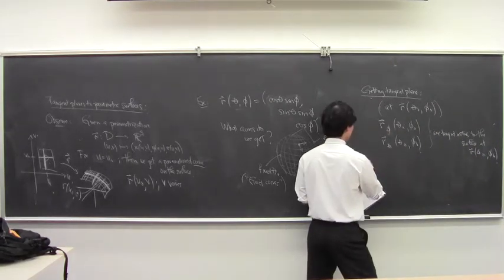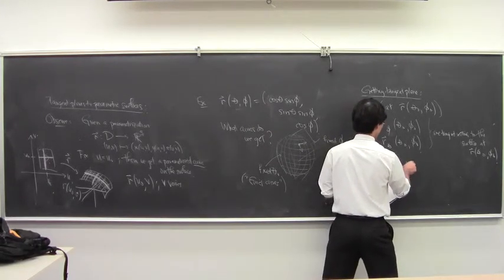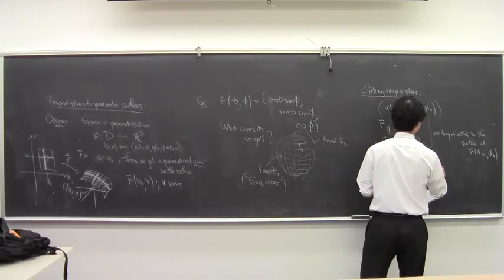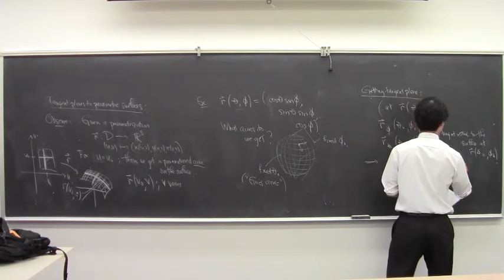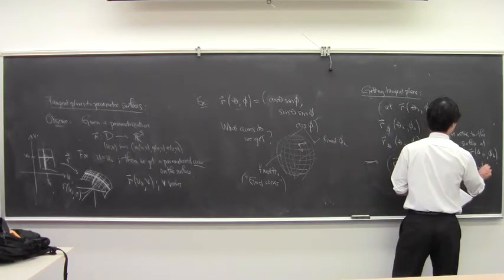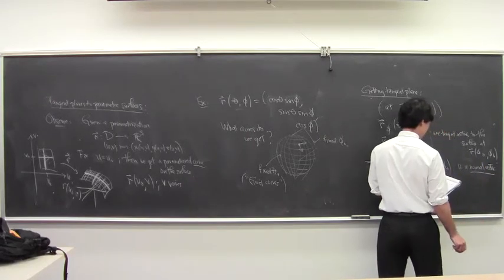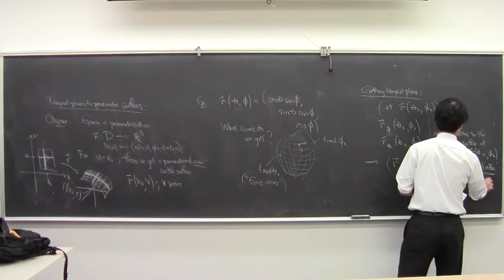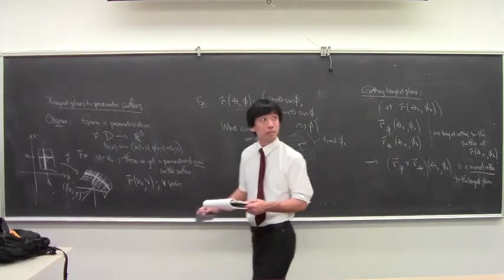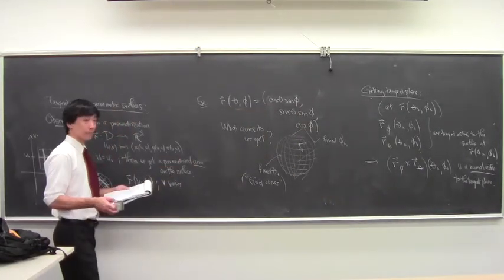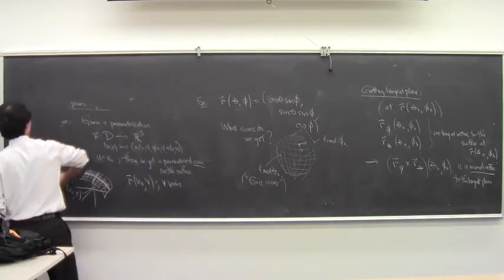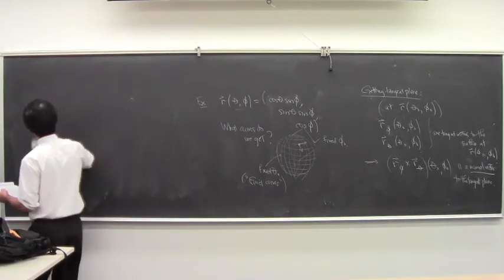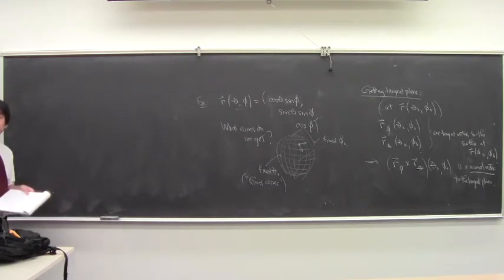So if you take the cross product, that's a normal vector to the tangent plane. Okay, great.